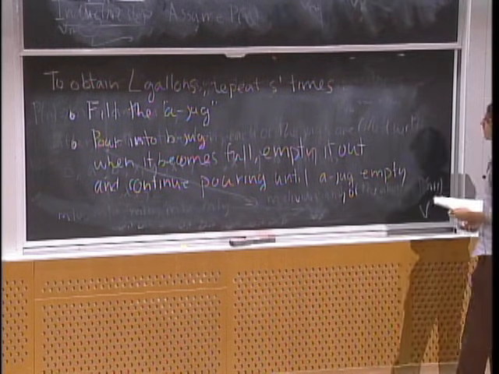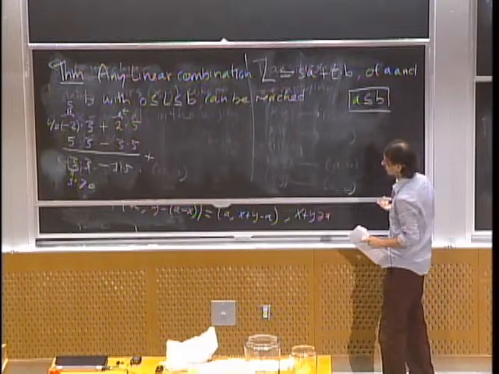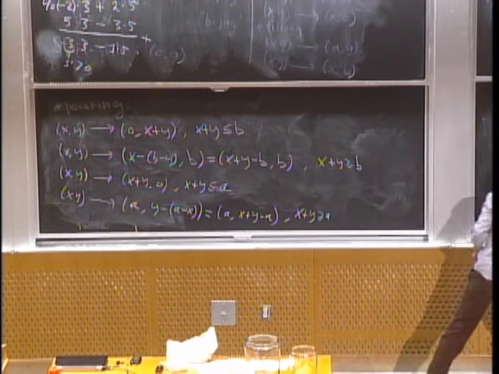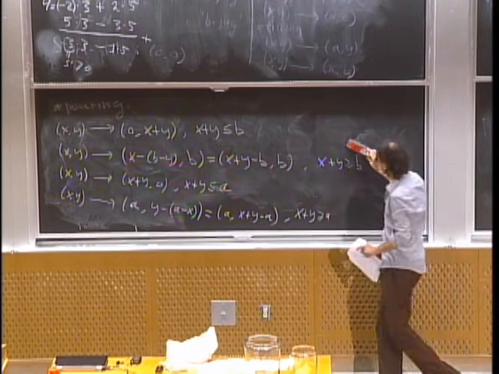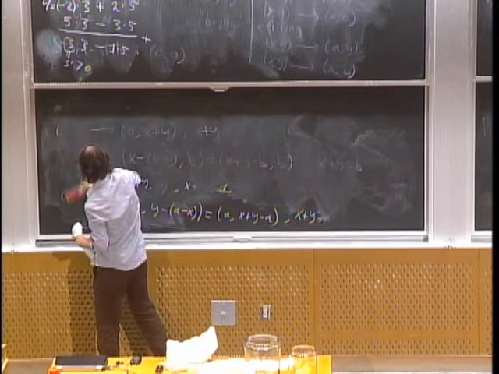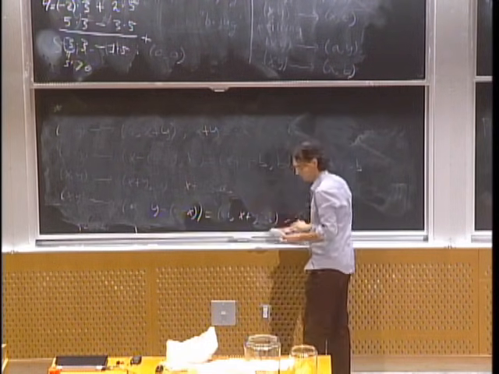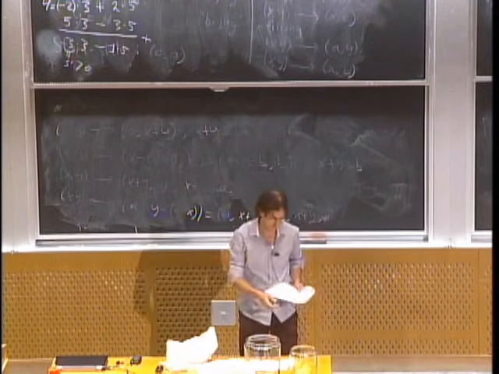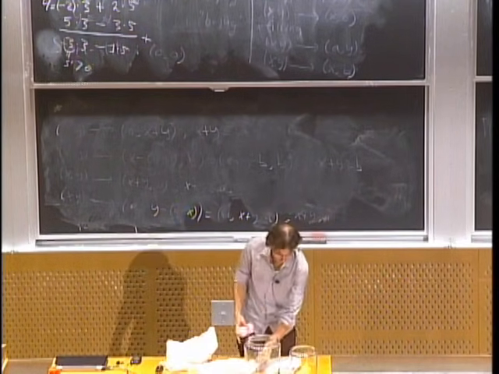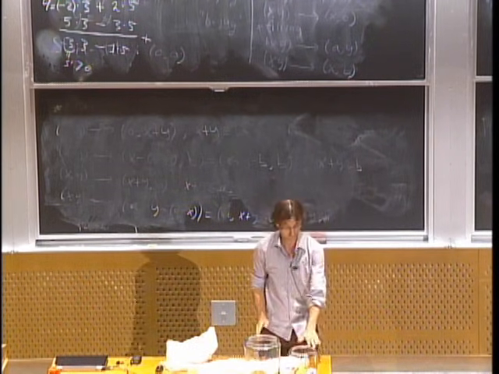So let's take an example. Let's see. Actually, we can do it with the tennis balls too. Let's do that first. See how that works. So essentially, in order to get 4 gallons, we just fill up the 3-gallon jug.